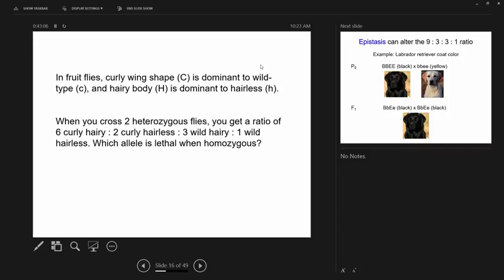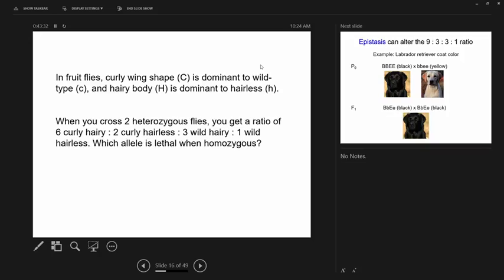It's going to be big C based on what we eliminated. However, we're going to also want to check ourselves to make sure we're right. So do both of these up here have big C as part of them? Yes. So that makes sense, right?